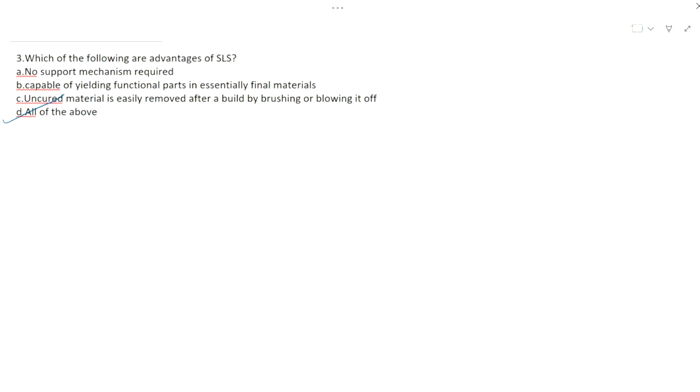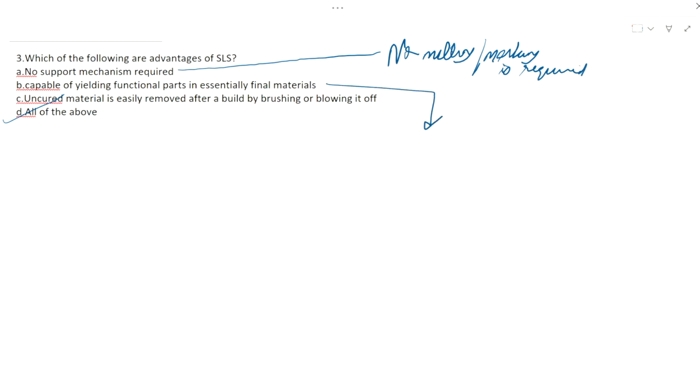No support mechanism is required. Here, no milling or masking is required. This is done to produce parts which are considerably stronger.